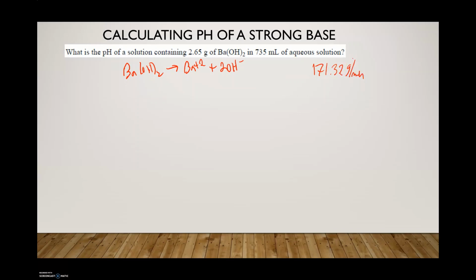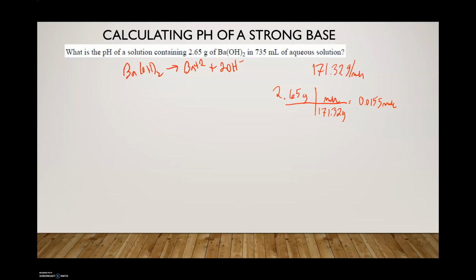The next thing we have to do is convert that to moles. Take 2.65 grams and divide it by 171.32 grams per mole, and we end up with 0.0155 moles of barium hydroxide.